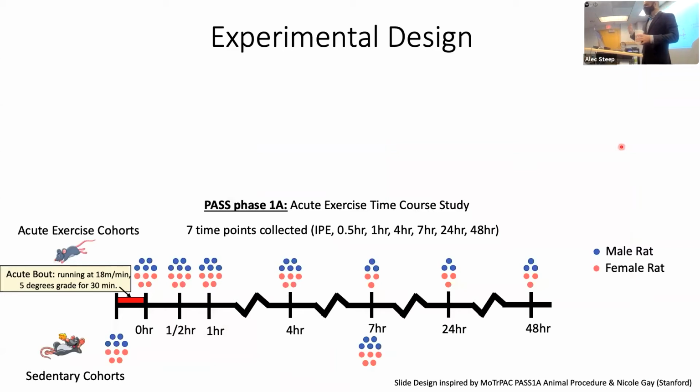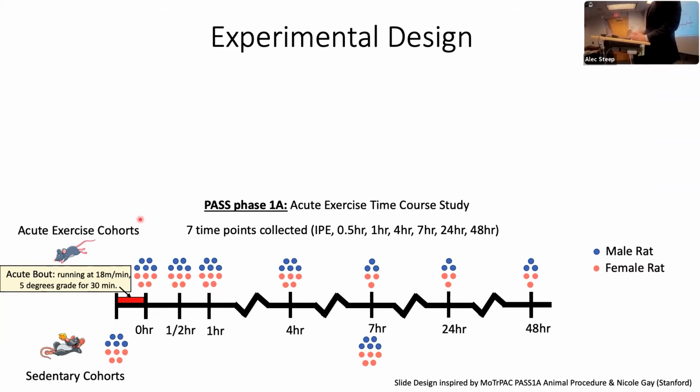So let's jump into one of our first studies, one of our first data sets. This is actually called the PASS phase 1A, or really we're just going to call it the PASS 1A study. And it aims to study the acute exercise response over time.